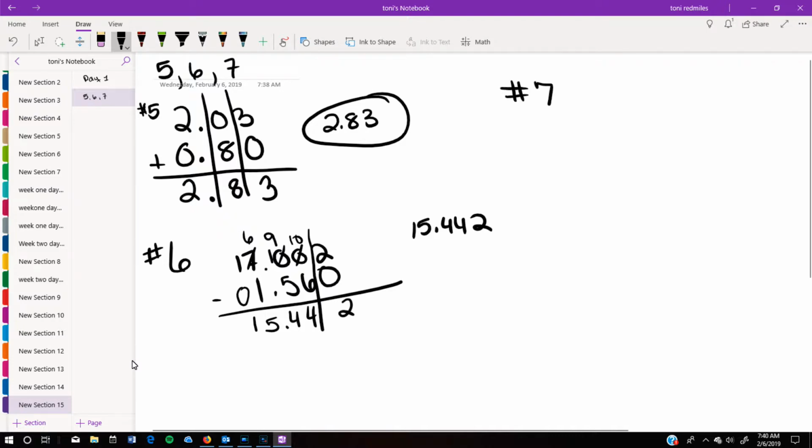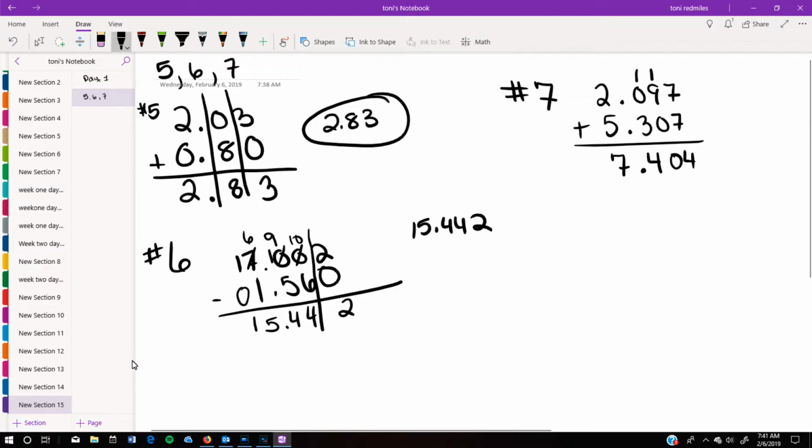Number 7. So in this one, I suggest you do the first 2, and then you do the third one. So these are added, right? So let's just work left to right, like our order of operations. All right, so that's when I add the first 2.